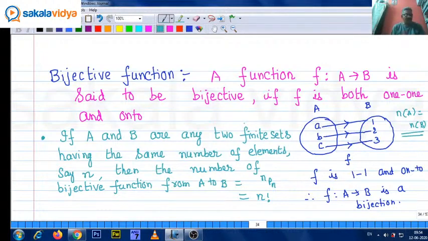Otherwise, a bijective function shall not be defined. Understood now? This is called bijective function.